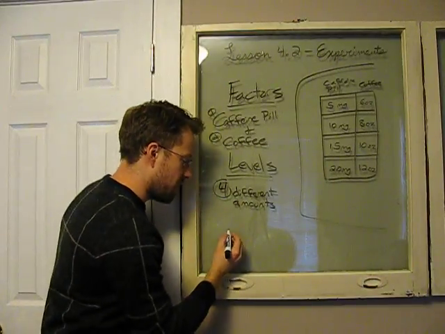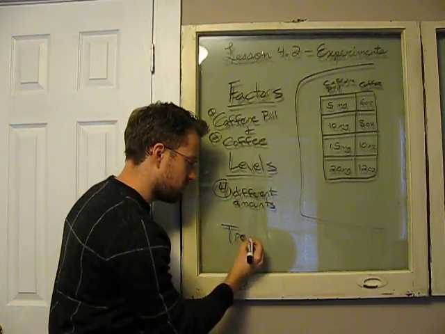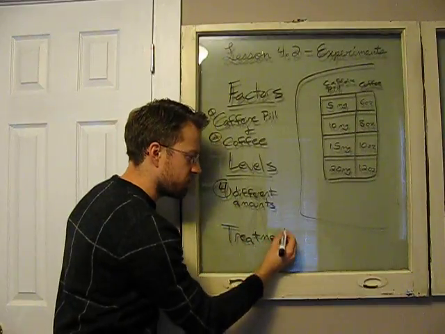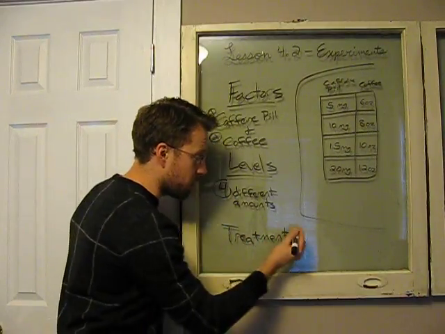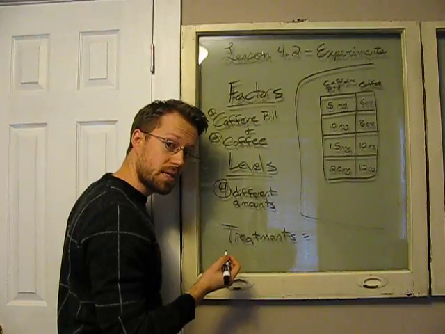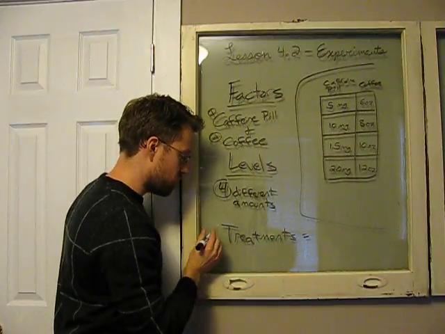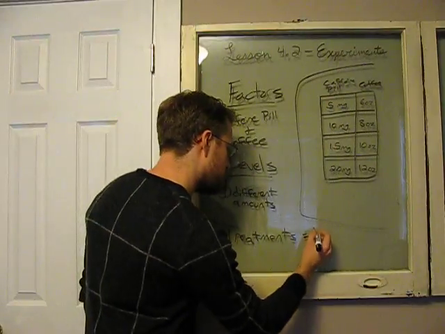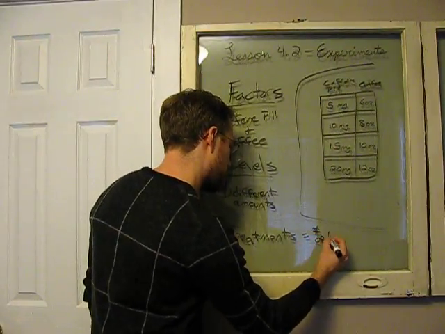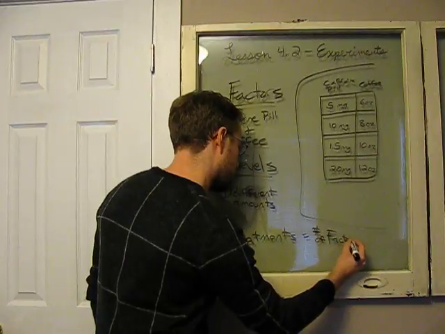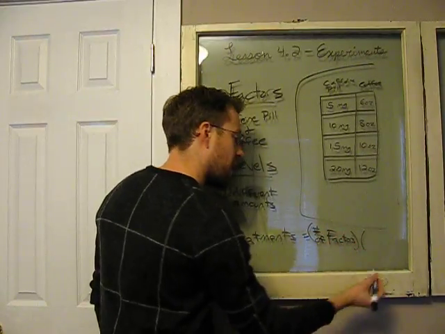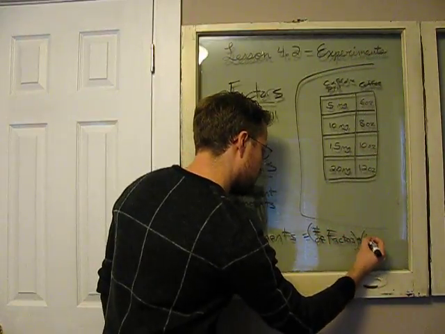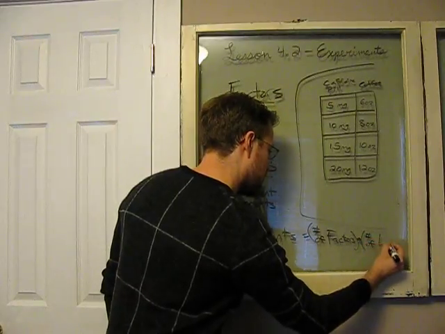Now, to find the number of treatments, there's a formula that I'm going to give you that's not in the book, but this helped me out a lot when I was in statistics. The number of treatments is equal to the number of factors times the number of levels.